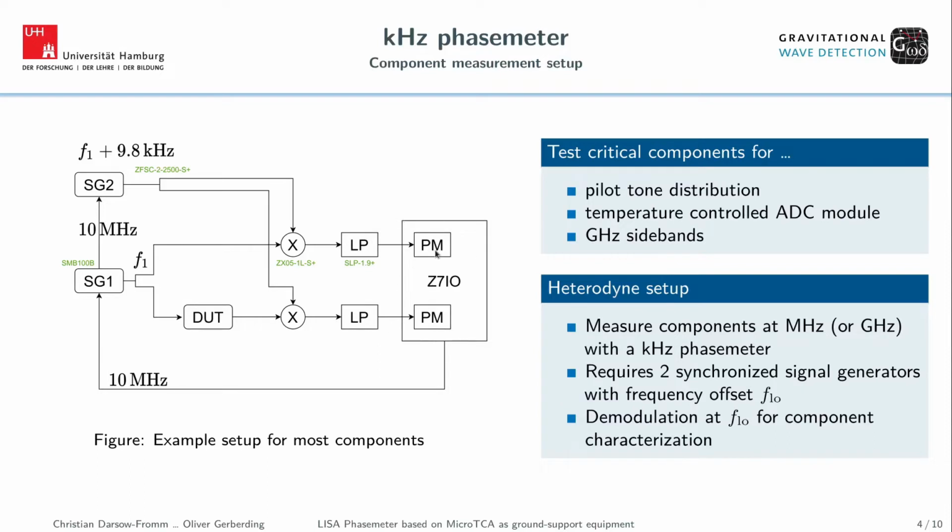So here the Z-7000, which gives a clock reference, and using 2 signal generators, we are able to have testing frequencies between 5 megahertz and 2.4 gigahertz. That is split here into one reference line and one line which goes through the device under test.